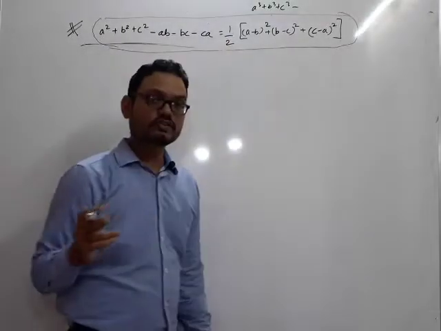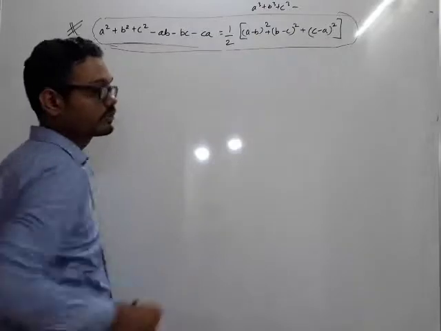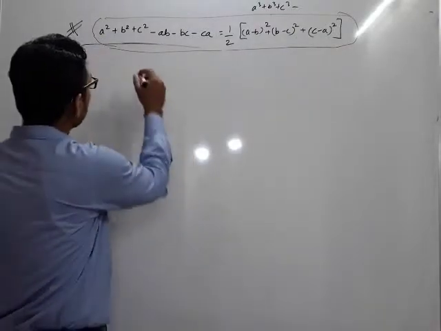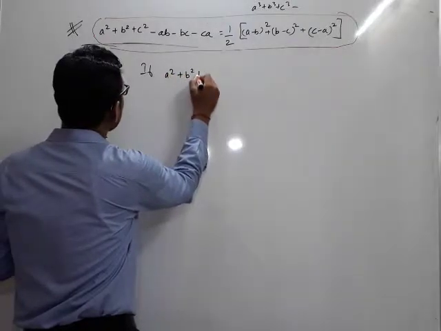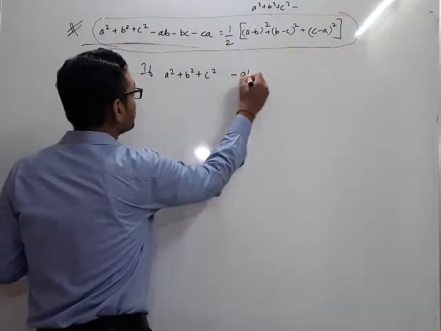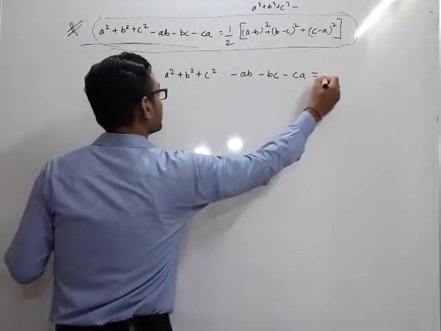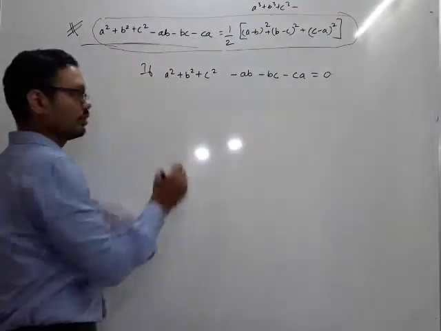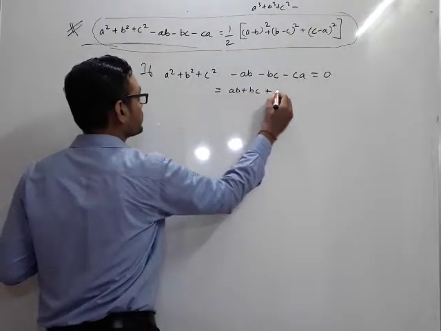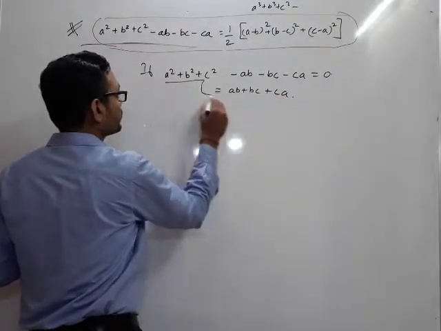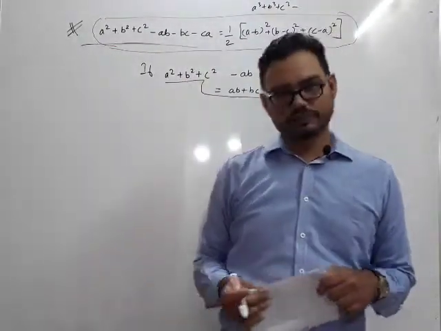Now there we had seen one condition wherein if the left hand side becomes 0, which is if a square plus b square plus c square minus ab minus bc minus ca is equal to 0, or if a square plus b square plus c square is equal to ab plus bc plus ca, then what will be the condition?